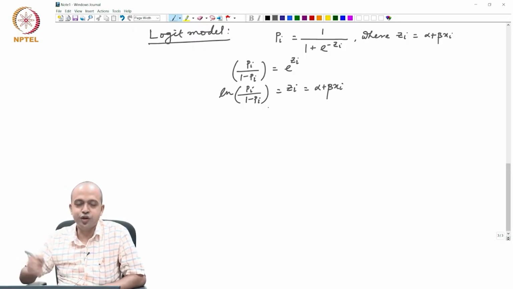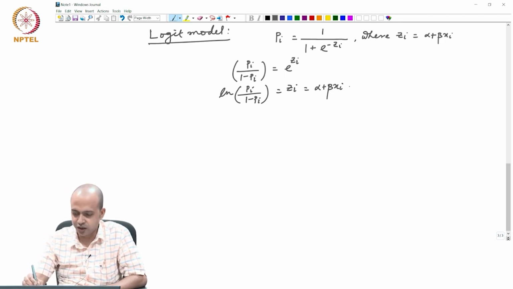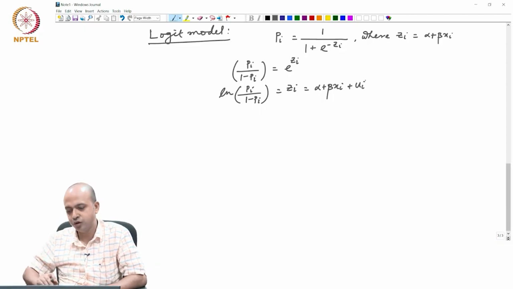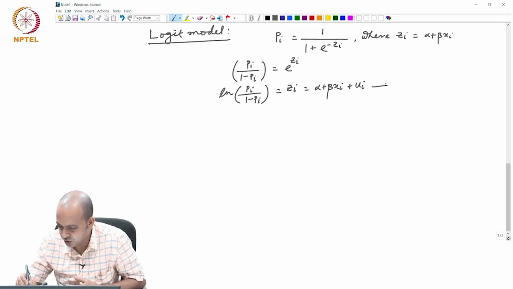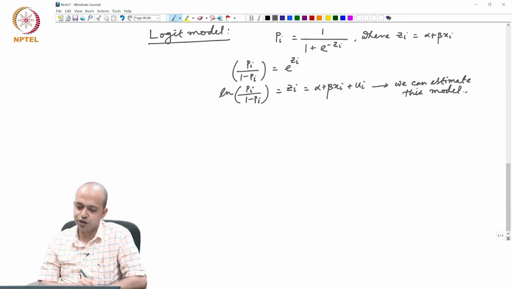Now this model becomes a linear model. So, you can add the error term here, and that is basically the estimable function. This mathematical model you can convert into a statistical one by adding the error term, and this particular specification you can now estimate.